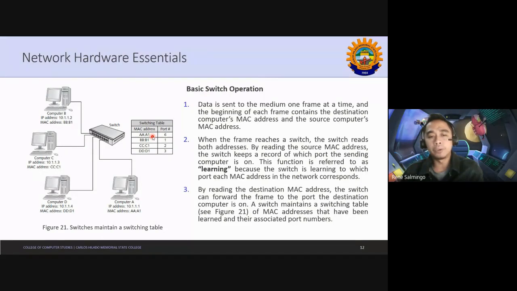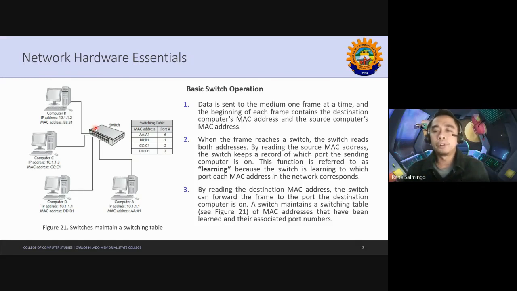For example, we have A1 hex connected to your port 6, correct? And your B1 hex is connected to your port 1. This means the switch identifies which port each address is connected to.